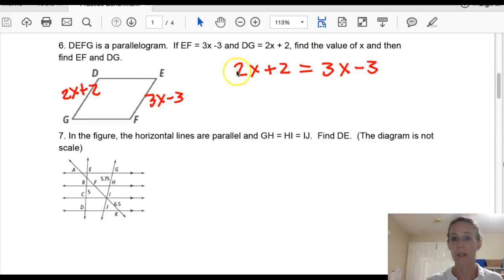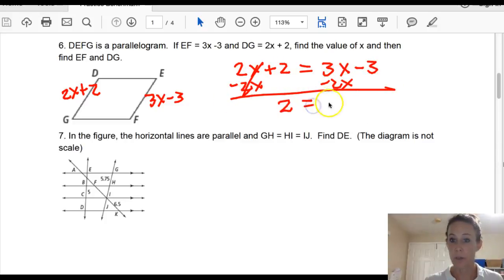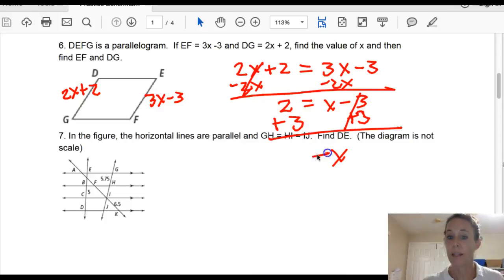I set the 2 sides equal to each other, do the basic math on the algebra here. Subtract 2x from both sides. You're going to get 2 equals x minus 3, and then add 3 to both sides. There's a little delay in my writing there. And you're going to get x equals 5. I've solved for x.